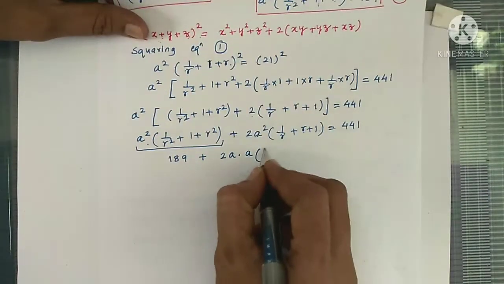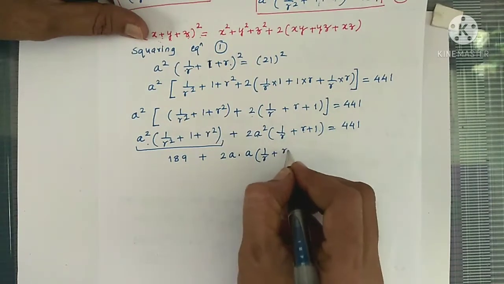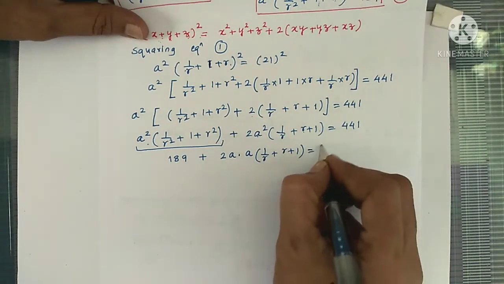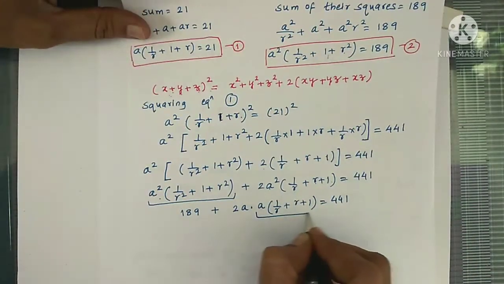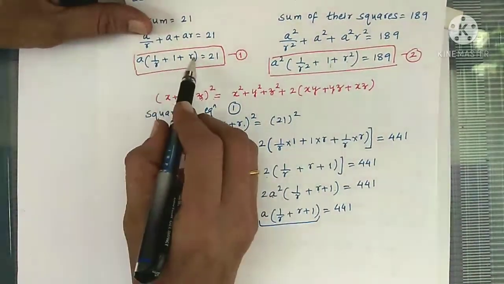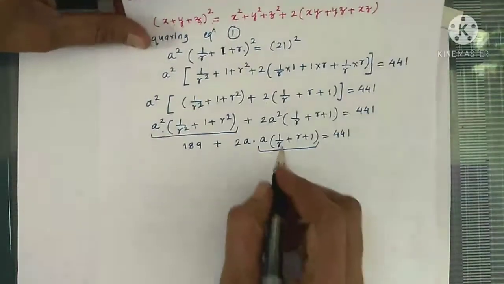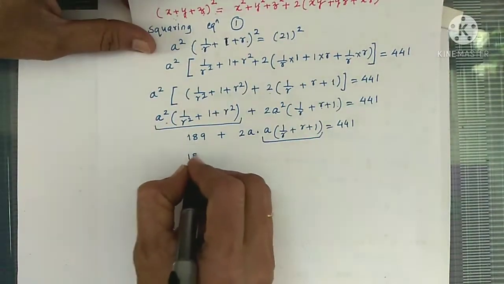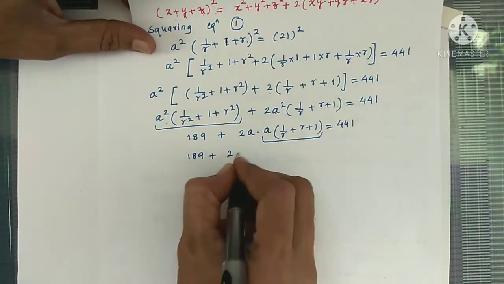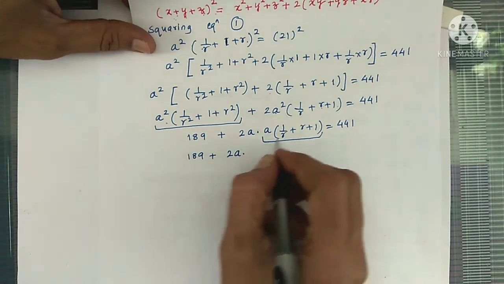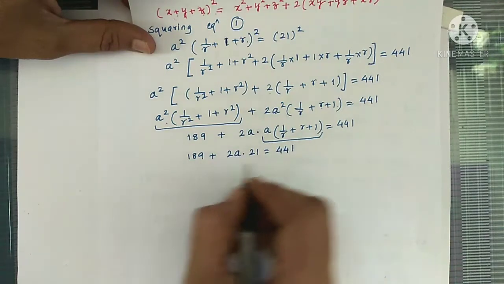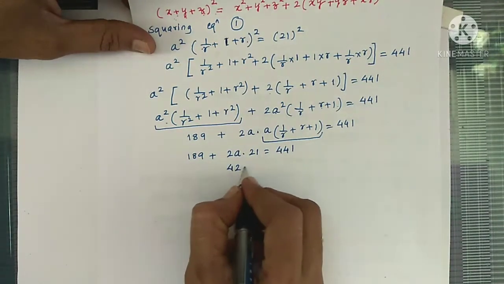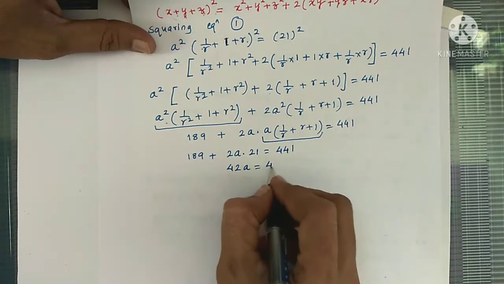Now we have this term in the first equation, a into 1 by r plus 1 plus r. That value is 21, so we can put this value here. So 1 by 89, 2a, and this is 21 equal to 441. So this product is now 42a.